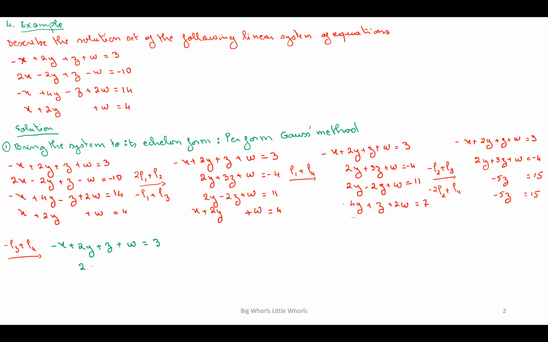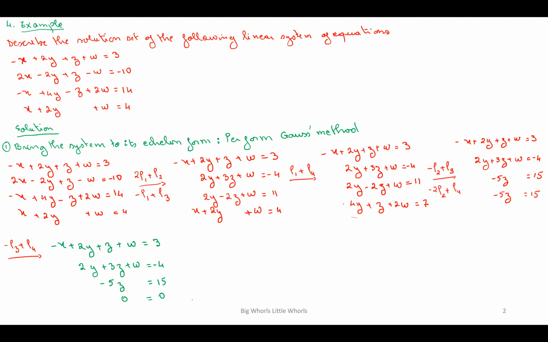We have 2y plus 3z plus w equals minus 4. And we have minus 5z equals 15. So minus 5z plus 5z is 0, minus 15 plus 15 is 0. So here we have 0 equals 0.